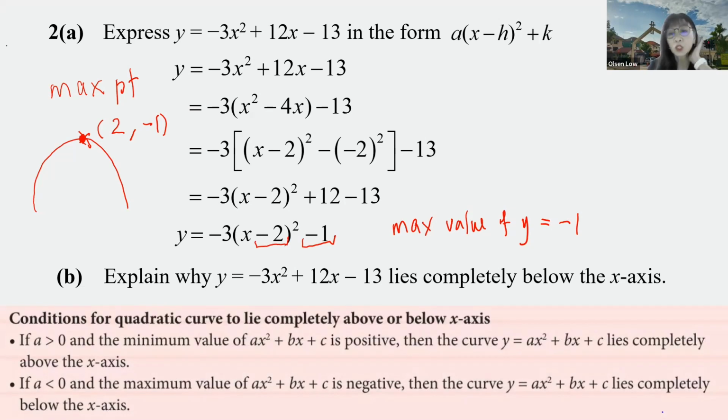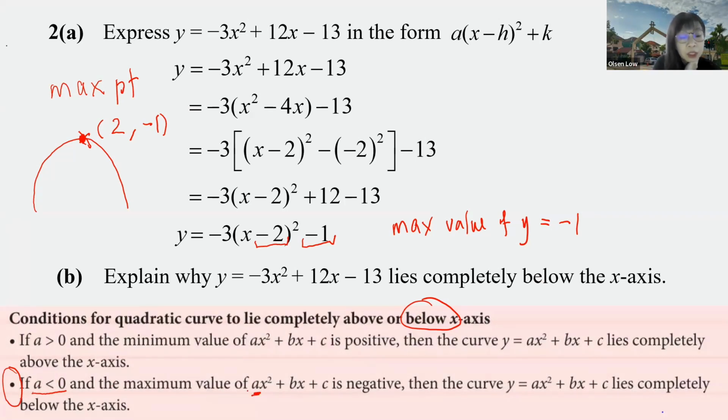If it lies completely below the x-axis, you will know that it is the second bullet point, where the condition is that a is less than 0, and a refers to the coefficient of x².